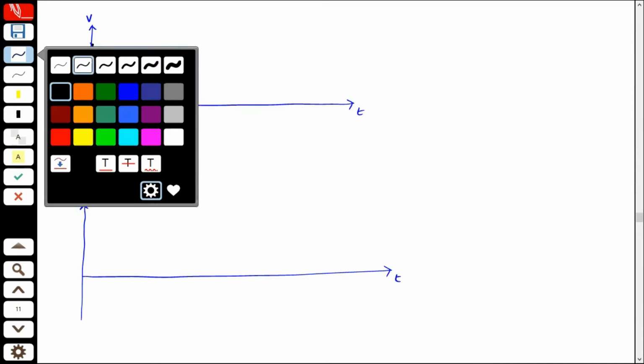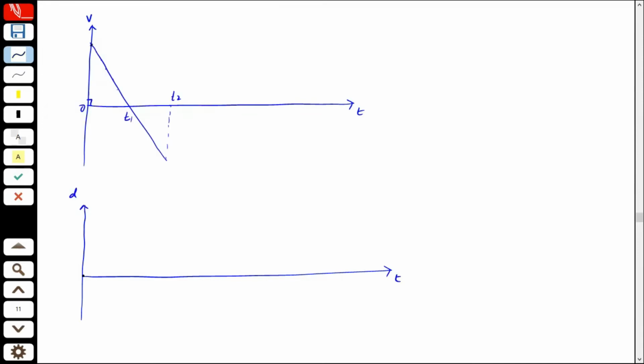So the gradient of the displacement time graph should be maximum at time t0, and then the gradient should decrease and become 0 at this point t1.